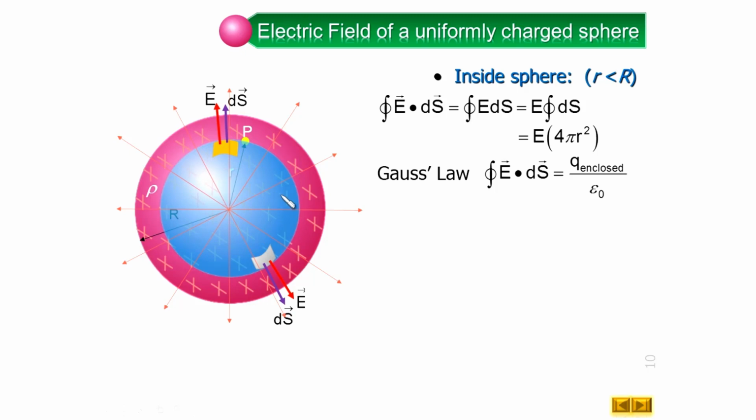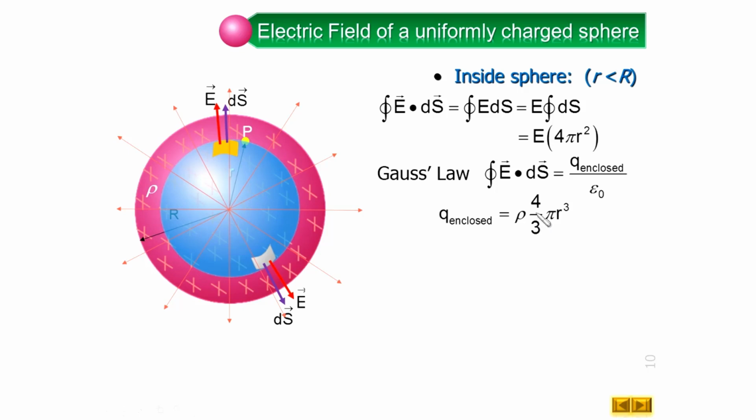We know charge density is uniform and charge density is rho. If we multiply rho with this volume, we can find the charge enclosed. So now we can write charge enclosed equal to rho multiplied by 4 by 3 pi small r cube. This is the charge enclosed.